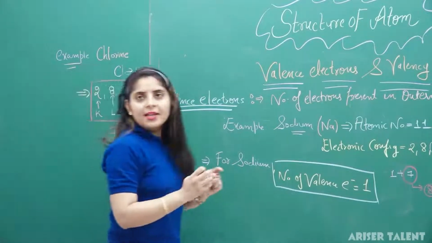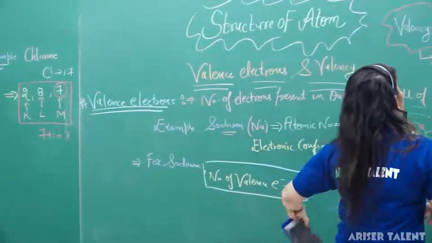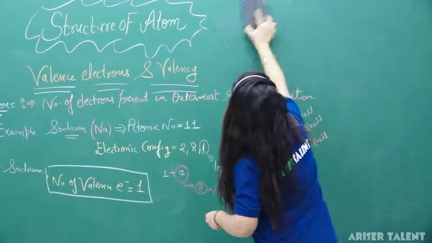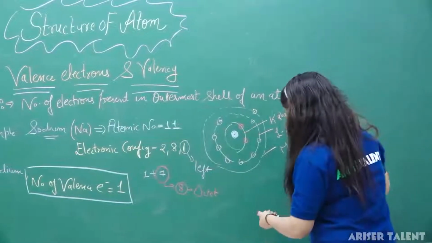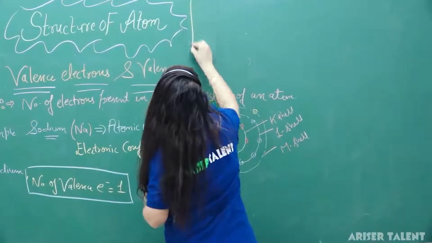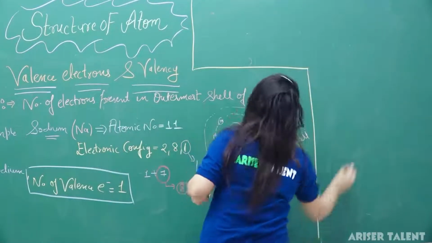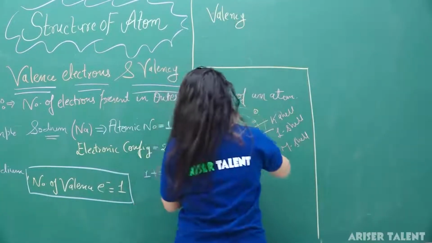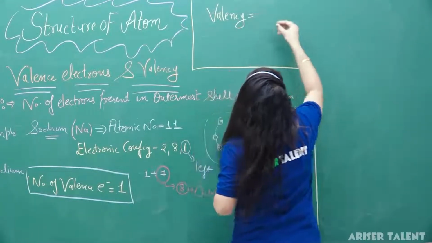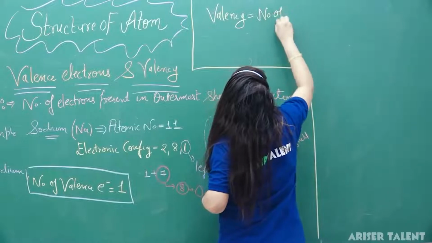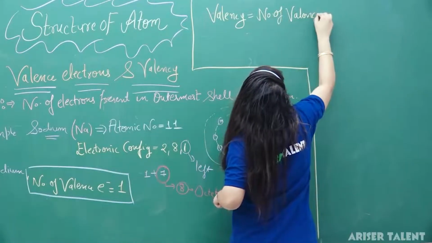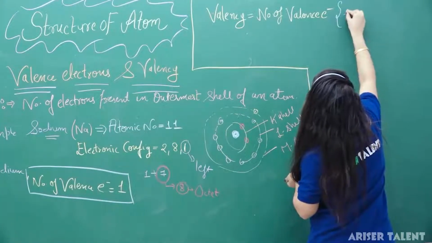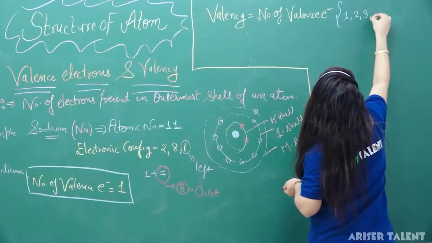So we have a generalized formula for calculating valency. Valency will be equal to the number of valence electrons, but it is only for atoms having valence electrons 1, 2, 3.